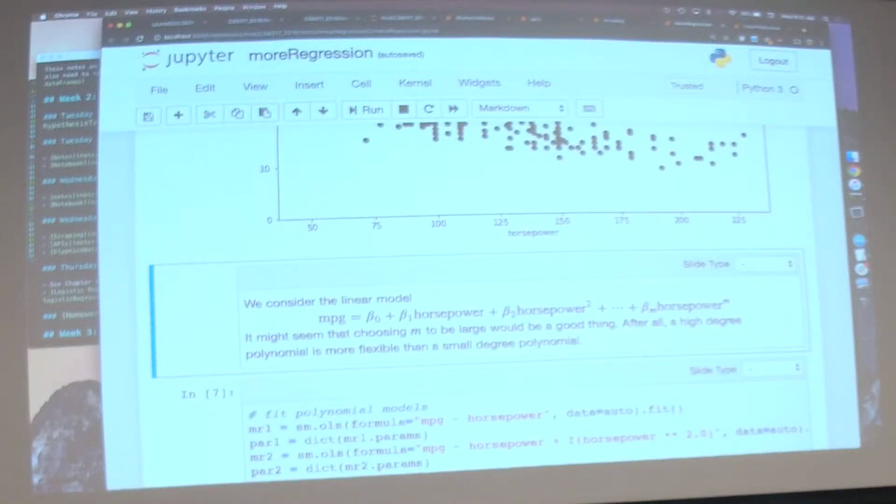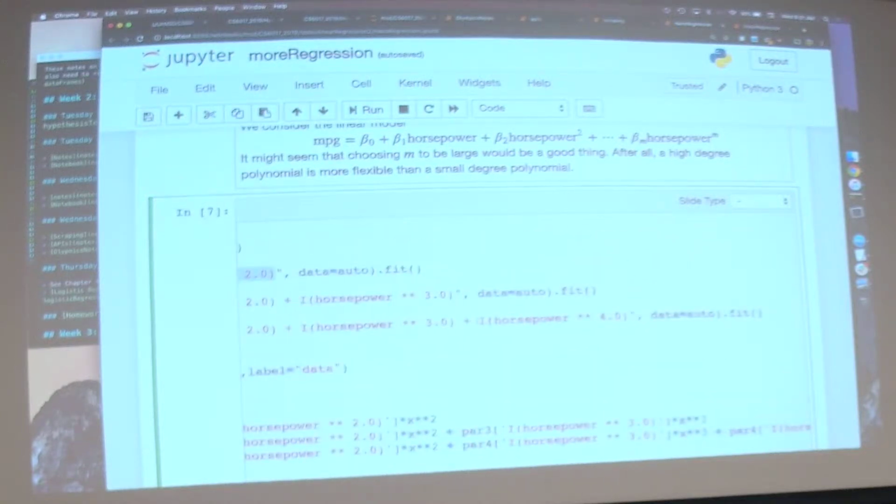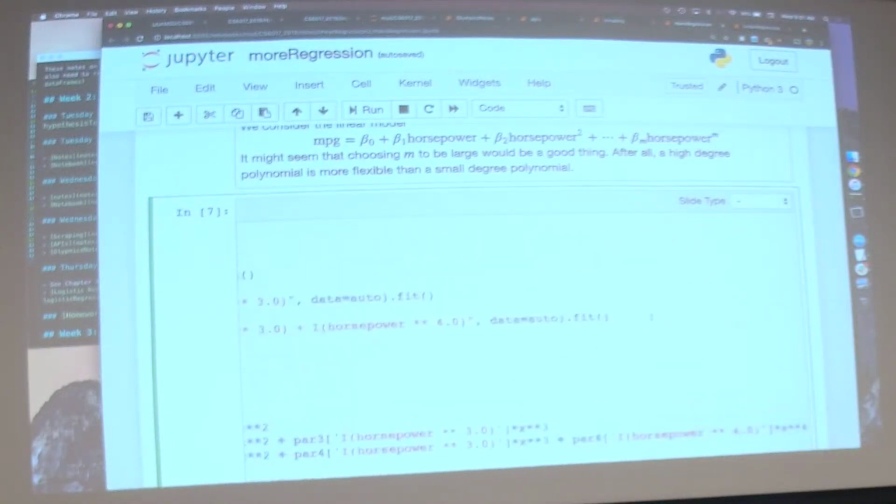So we want to figure out how many terms I should include before I'm just making my model needlessly complicated. So we're just going to fit formulas. We have the linear formula, the quadratic formula, all the way up to the 4th degree polynomial.